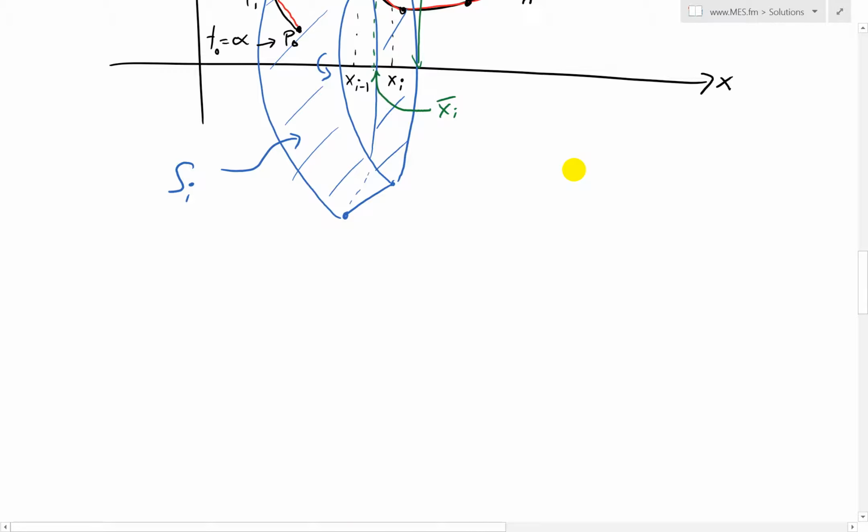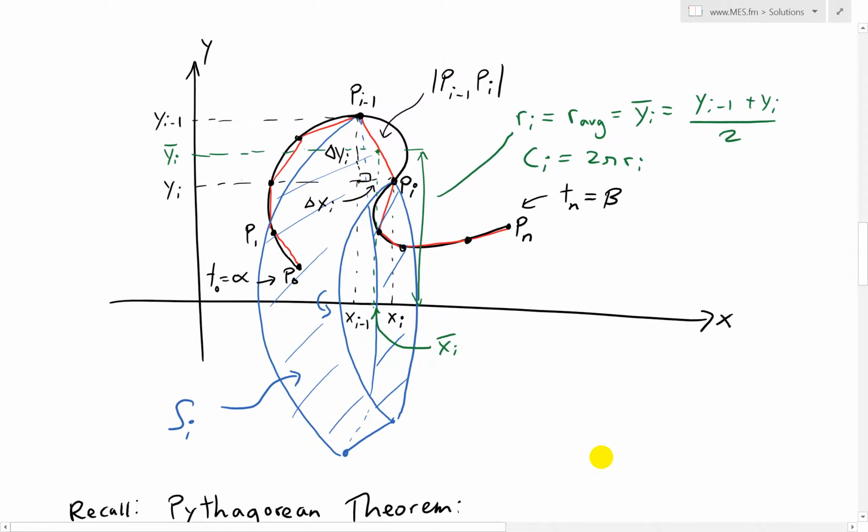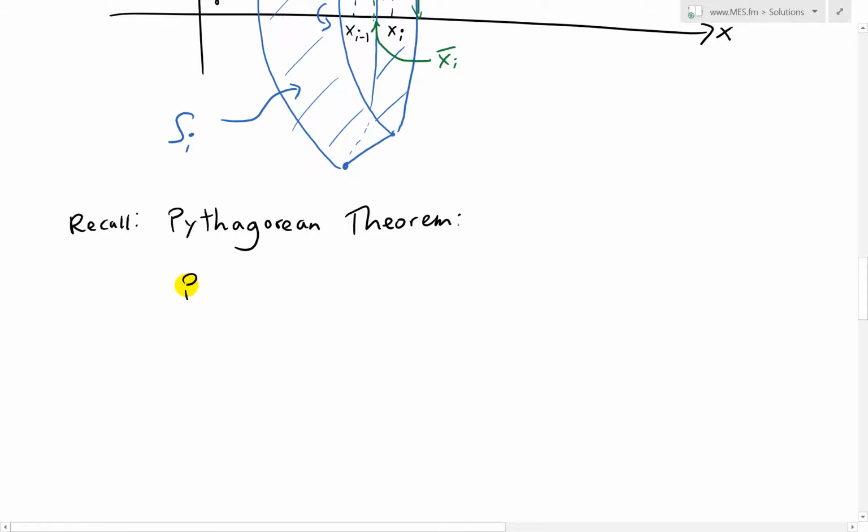So what that means is, first of all, let's recall the Pythagorean Theorem. For this case we have pi minus 1 to pi, that's our distance, that's our hypotenuse.